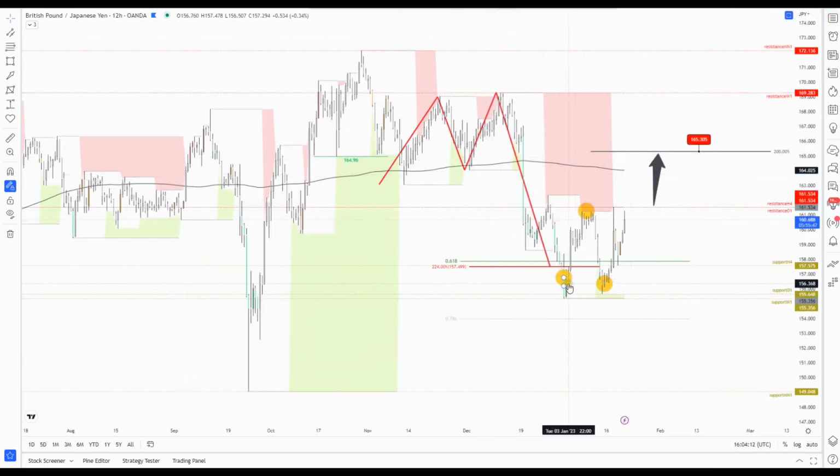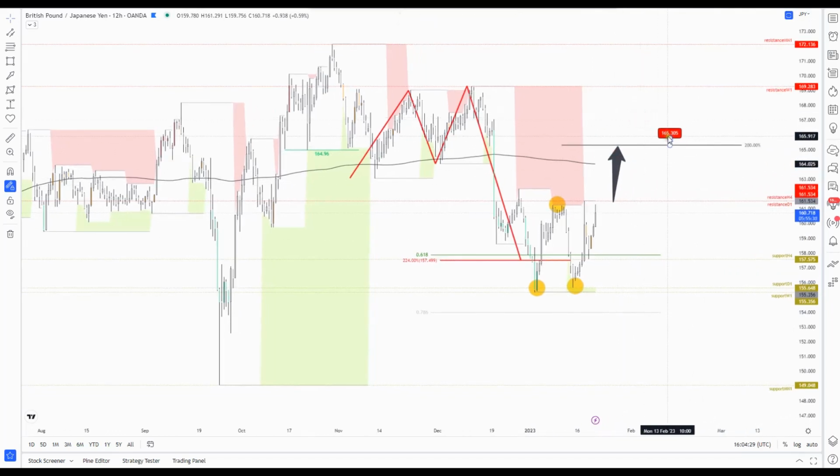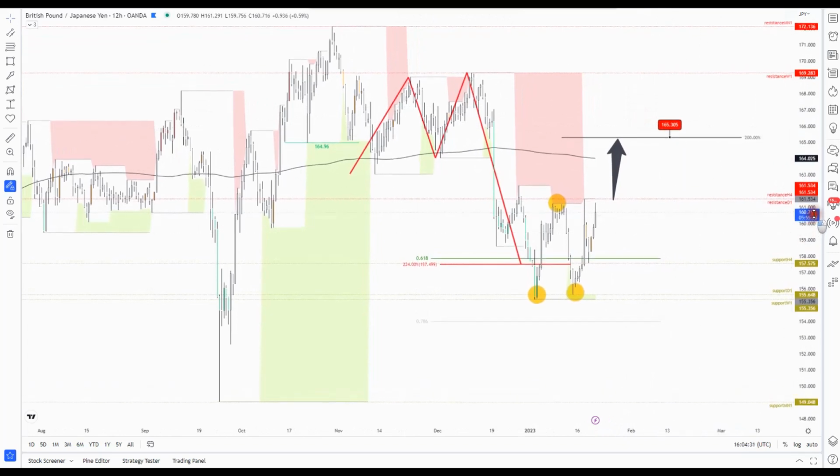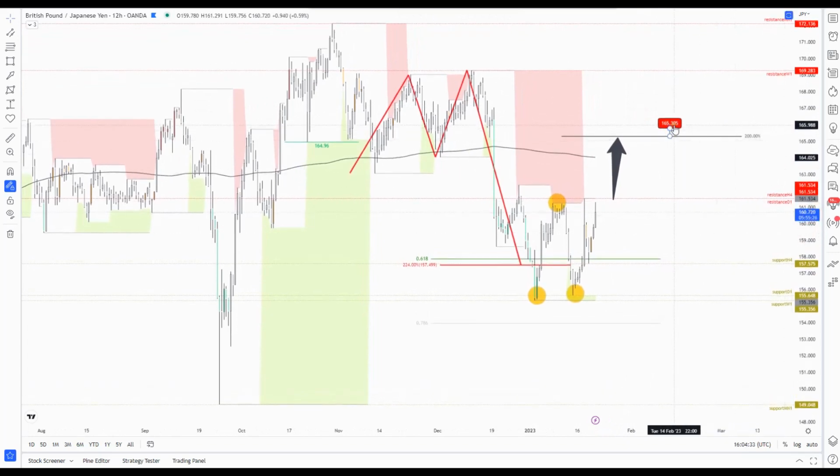We have also a technical double bottom right there. We have a neck zone at the recent resistance, 161.53. A clear move above this resistance should trigger a limited move to 165.30. So this is the 200% Fibonacci extension and the default target for the double bottom.